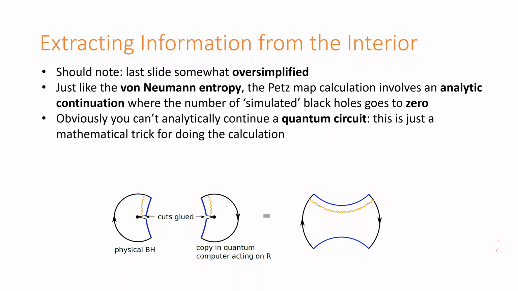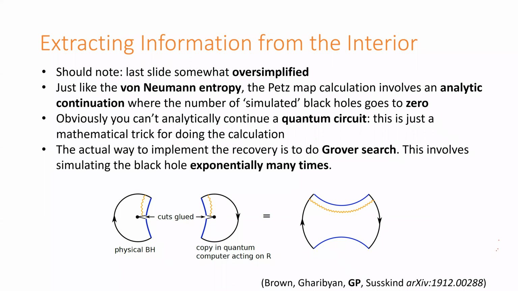If you're an actual physical person trying to use a physical quantum computer to pull out this information, then you can't analytically continue the circuit that you use, right? That's just a mathematical trick. It works by definition to give the answer. But if you're actually trying to use simple unitary gates to construct this circuit, then you have to do something different. The actual way you have to do it uses something called Grover search, and effectively what you're having to do is simulate the black hole exponentially many times.